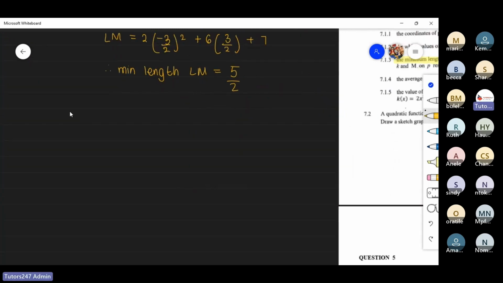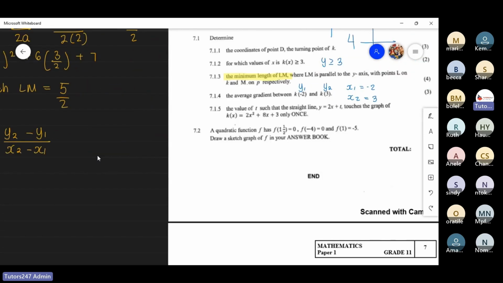So we have question 7.1.4. We need to find the average gradient. We know that the gradient formula is y2 minus y1 over x2 minus x1. Now, what are our x2, x1, y2, y1 values? Let's go back to our question.